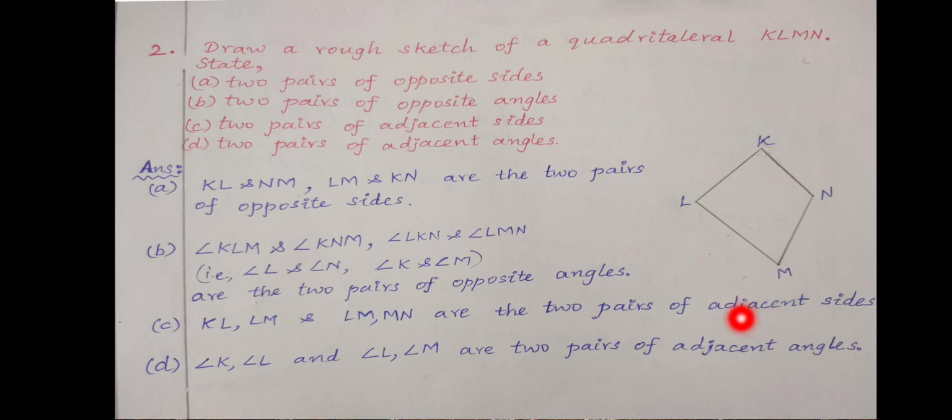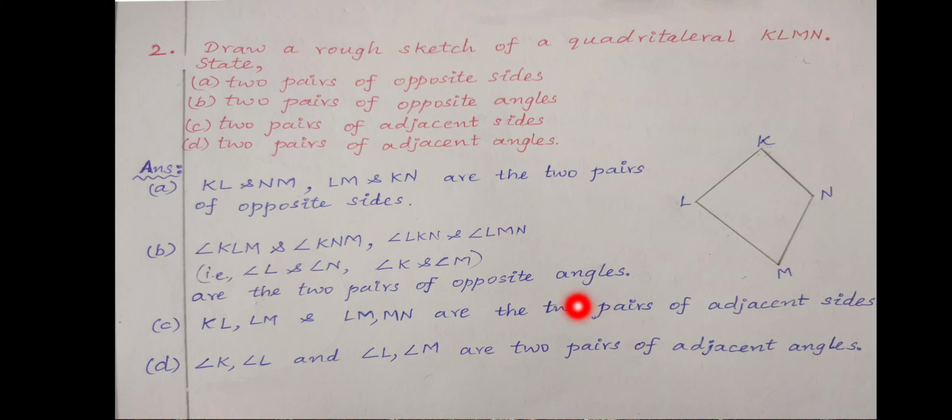Next, angle K can be written as angle LKN or NKL. Angle M can be written as angle LMN or NML. Both are the same. So, angle L and N, angle K and M are two pairs of opposite angles.